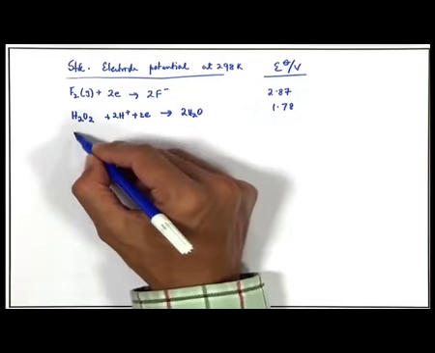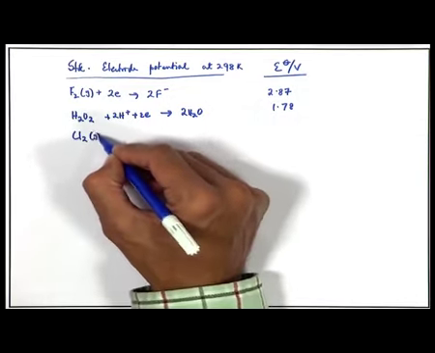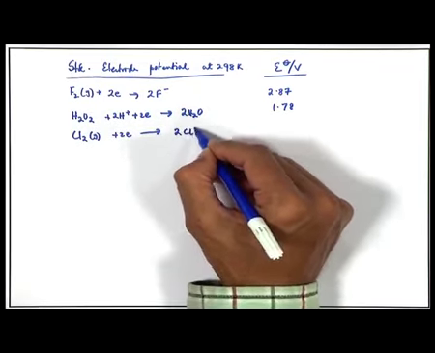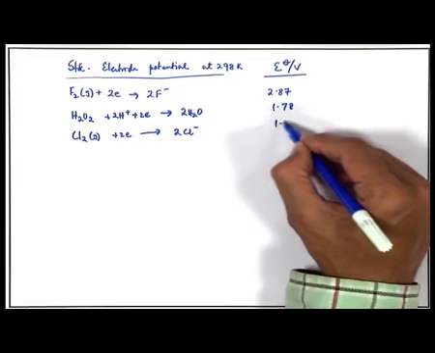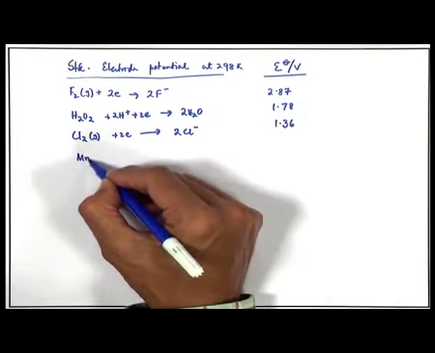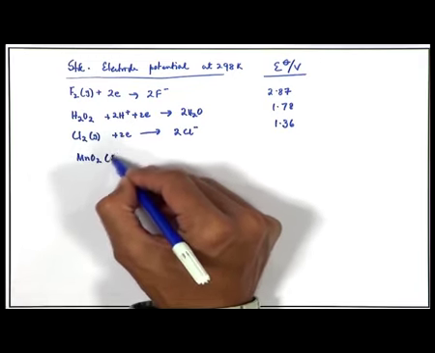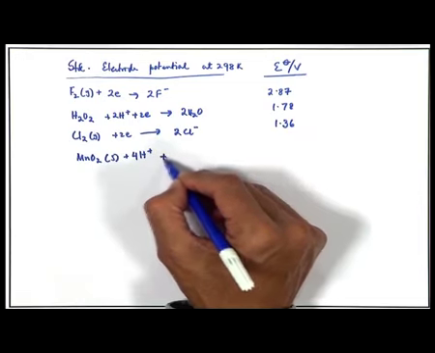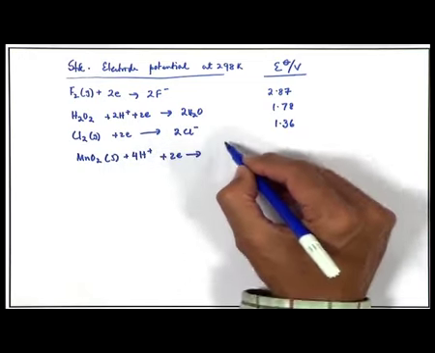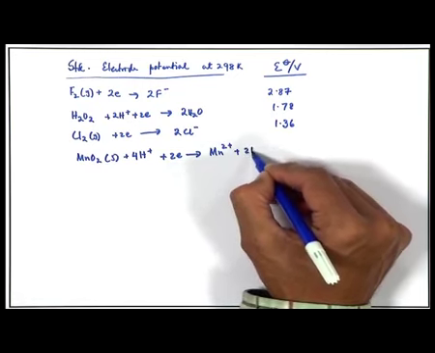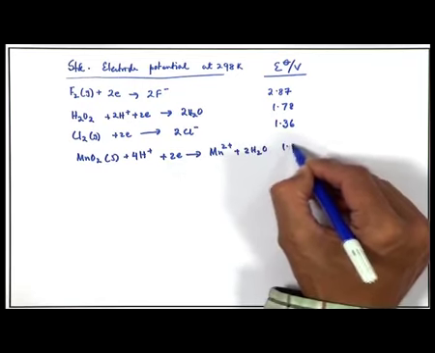Cl2 plus 2 electrons gives 2 Cl minus. Its value is 1.36 volt. MnO2 solid plus 4H plus plus 2 electrons gives Mn2 plus plus 2 water, its value is 1.23 volt.